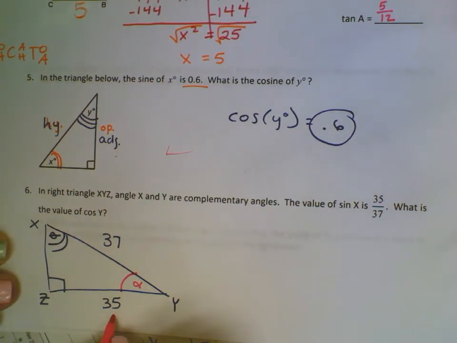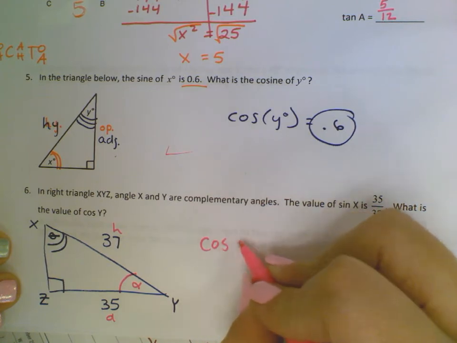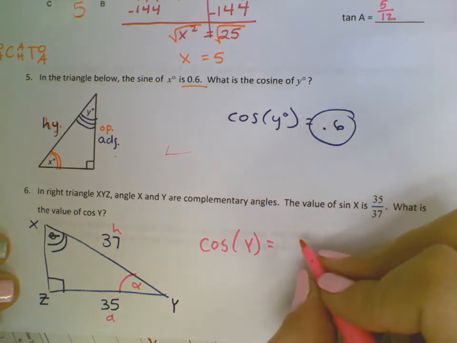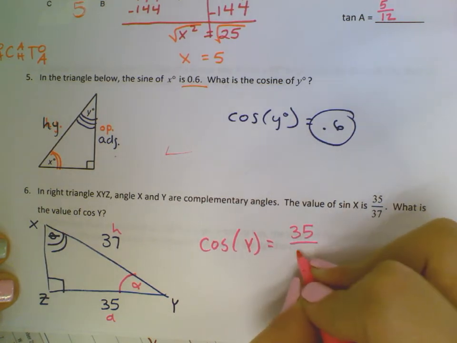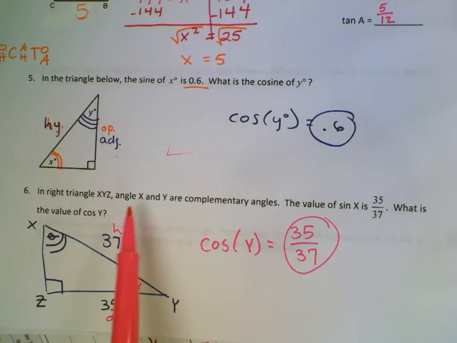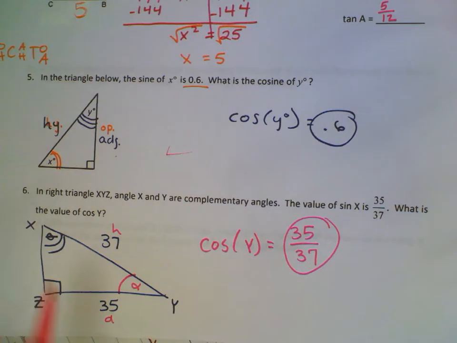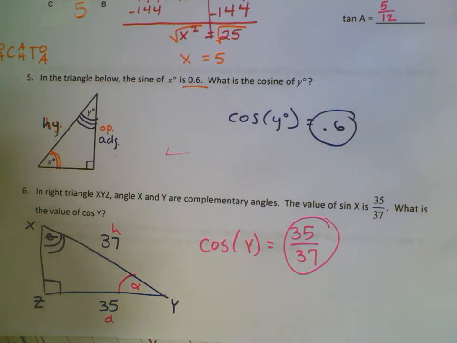This is my adjacent side, this is my hypotenuse. So cosine of y is adjacent over the hypotenuse. Again, if you know the rule of complements and you know that you have a right triangle, sine of one angle will be equal to cosine of the other. But you could also sketch out a picture so you can see it well yourself as well.